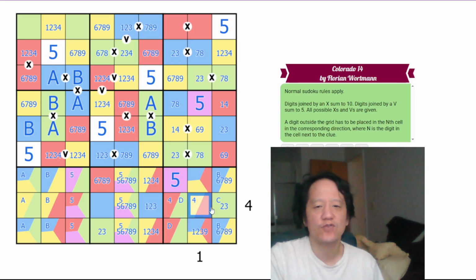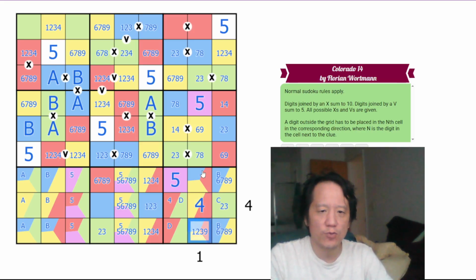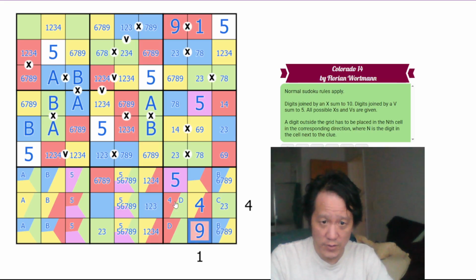If this is 4, okay, so say this was 4, then this 1 could not be in either 1, 2, or 3, so 1 would have to be 9. So that would guarantee this is 1, this is 9. This has to be red, which means this could not be the red here. This would be yellow.